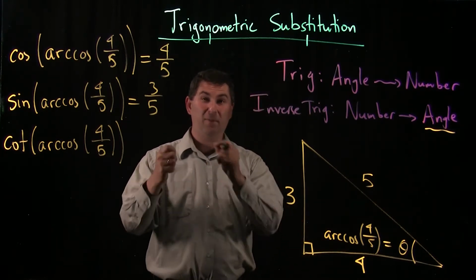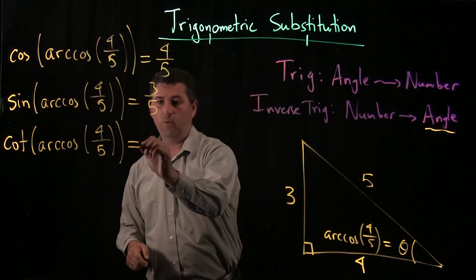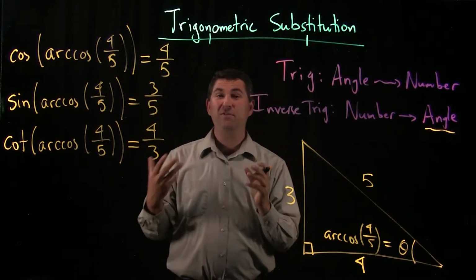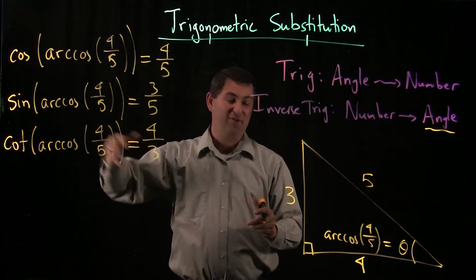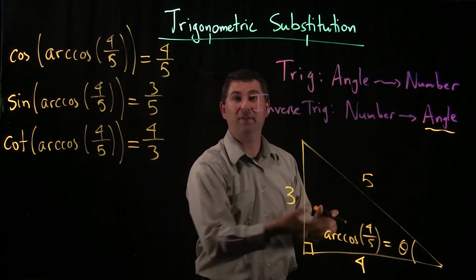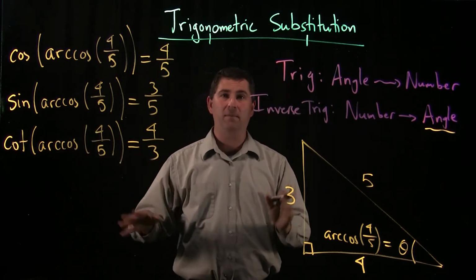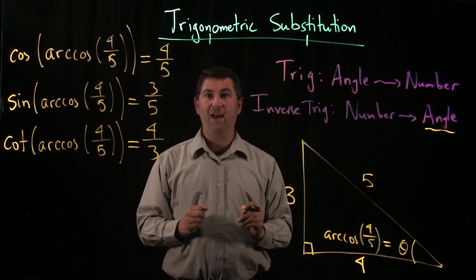So cotangent must be the reciprocal, the adjacent over the opposite. So 4 over 3. So we can use this in order to find all sorts of trig functions of this angle defined in terms of an inverse trig function. It wouldn't matter. We could do tangent, secant, cosecant. Once we know these 3 sides, we can compute all those values.